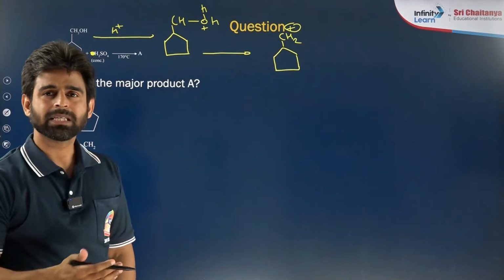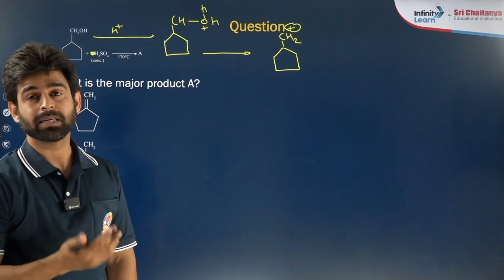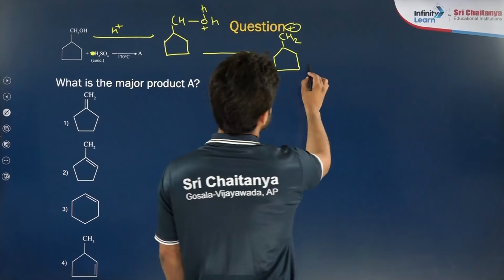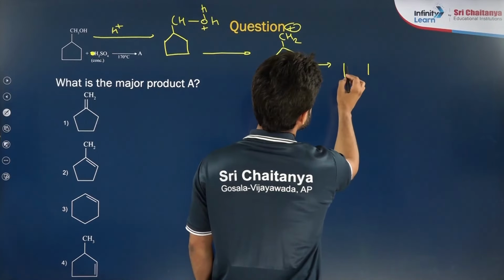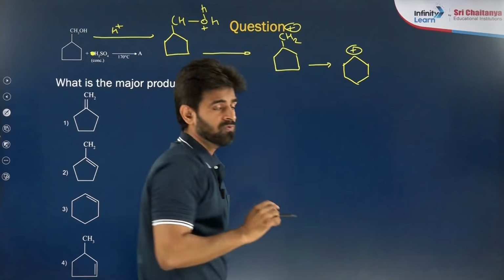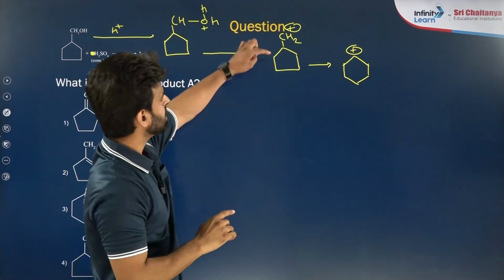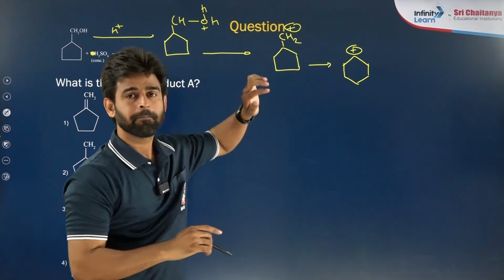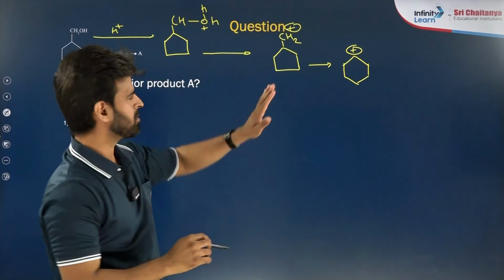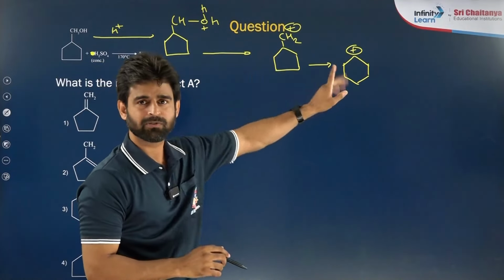If you remember about ring expansion, a 5-member ring will expand to a 6-member ring, which is more stable, right? By the ring expansion, the 5-member ring becomes 6-member. This is possible when the carbon is present outside the ring and it has a positive charge. So it is a very common case of ring expansion. This will happen, right?